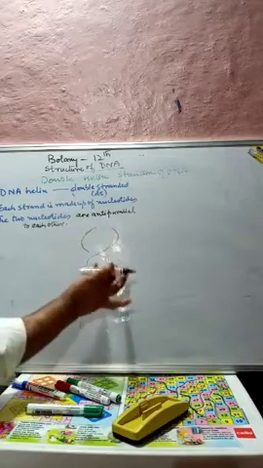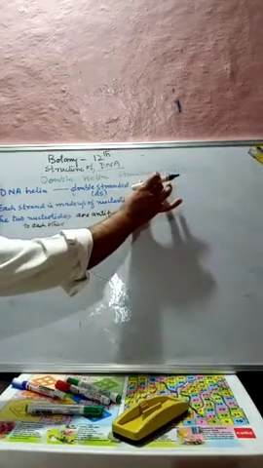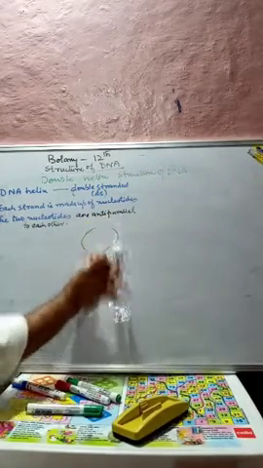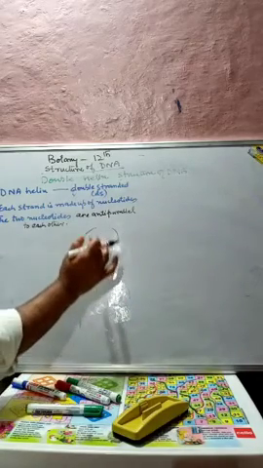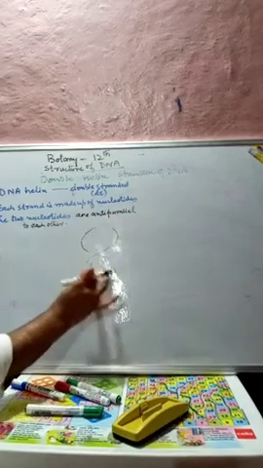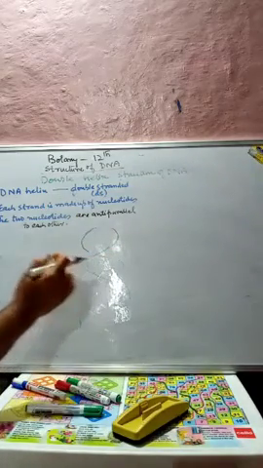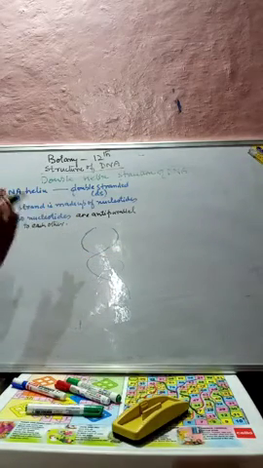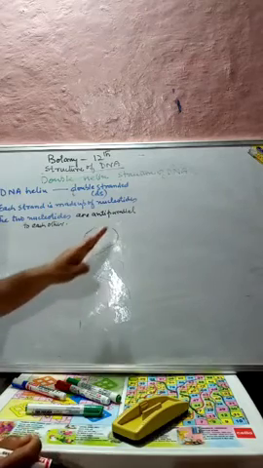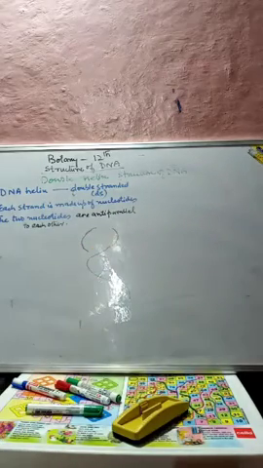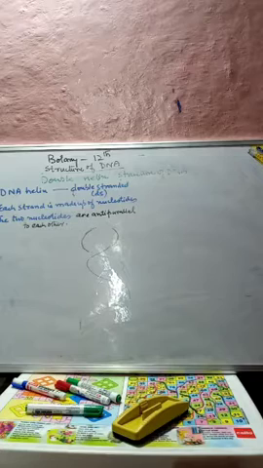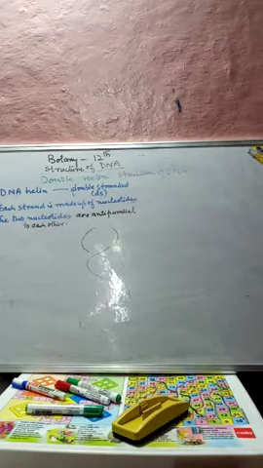I compare the structure of DNA with this spiral staircase. This is one railing and this is the second railing, and they are parallel to each other and do not intersect or meet each other.